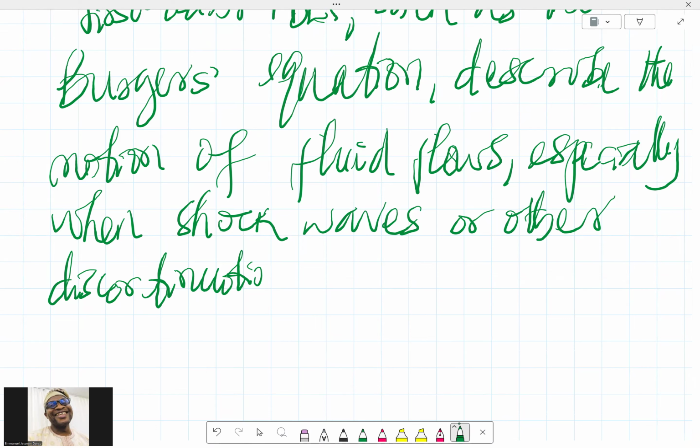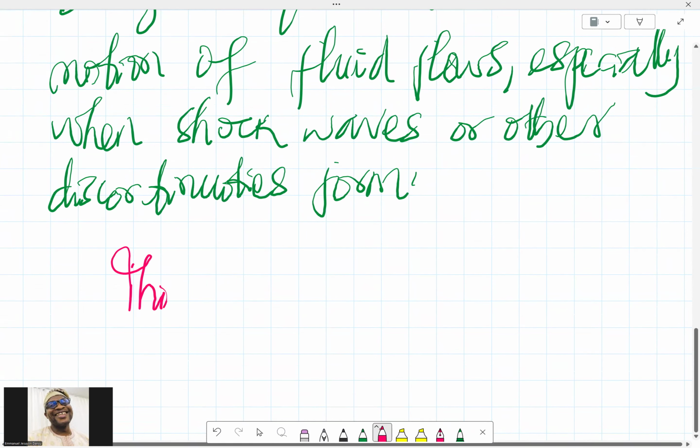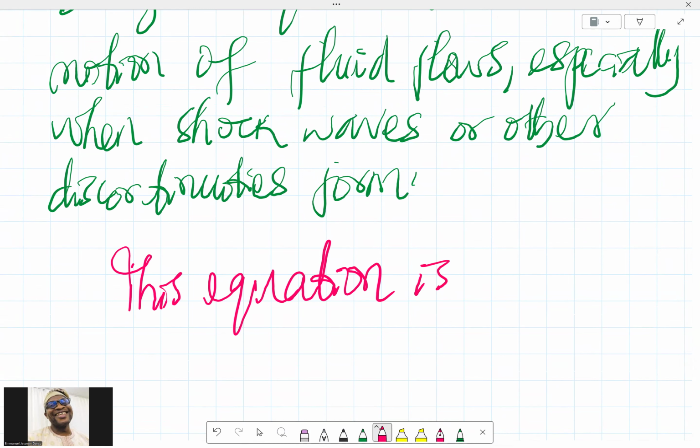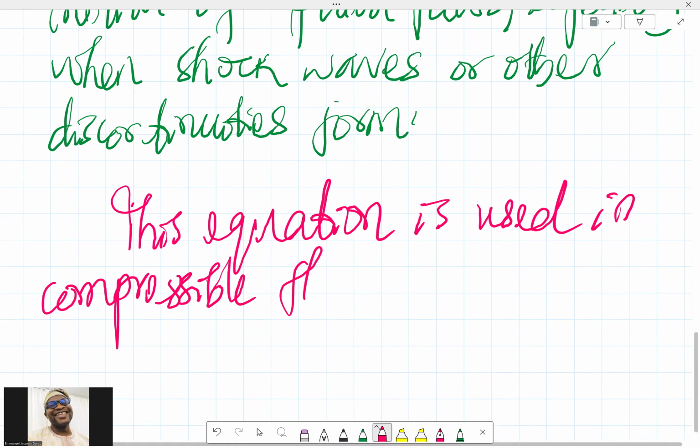This equation is used in compressible fluid dynamics.